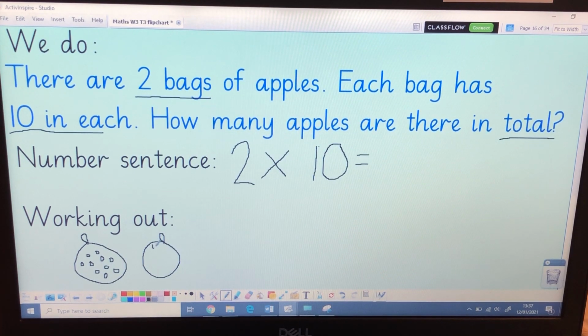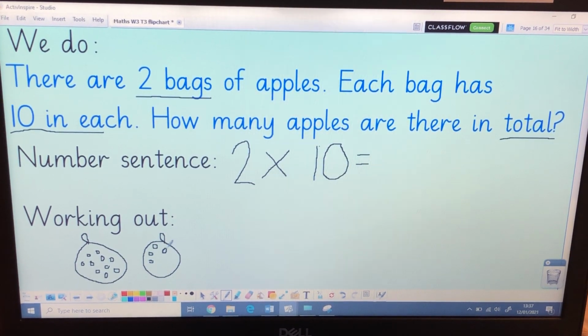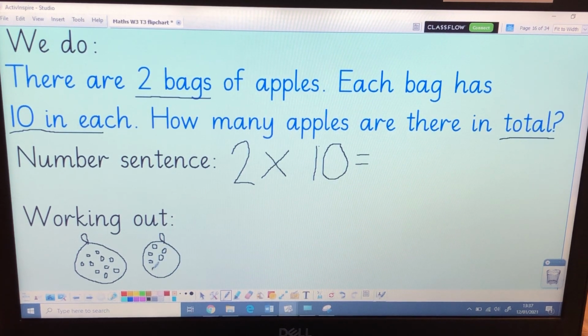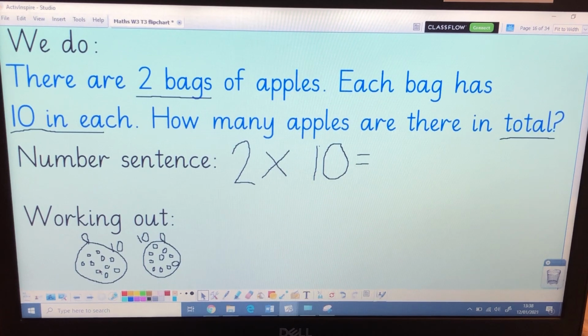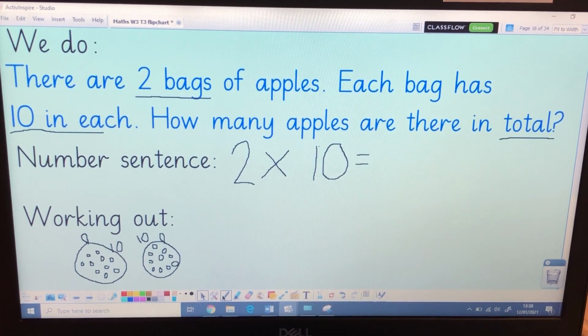And the same for this one, ready? 1, 2, 3, 4, 5, 6, 7, 8, 9, 10. Okay, now we don't need to count them individually because we know that there are 10 in each bag. So we can count up in tens. 10, 20. So we know there are 20 apples altogether.